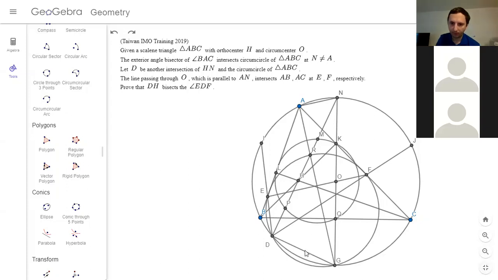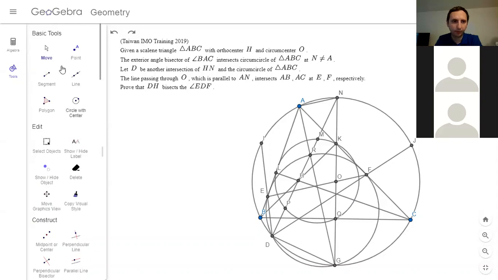So, angle GDE. Can we calculate angle GDE? It's 90 plus angle EDN. Actually, if we can show EDGF is cyclic, that would solve the problem.